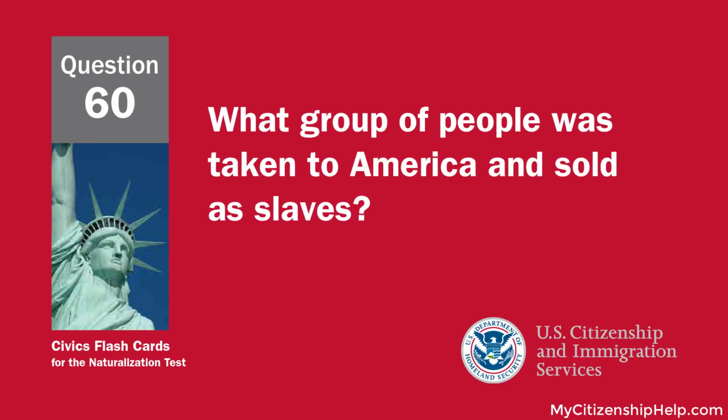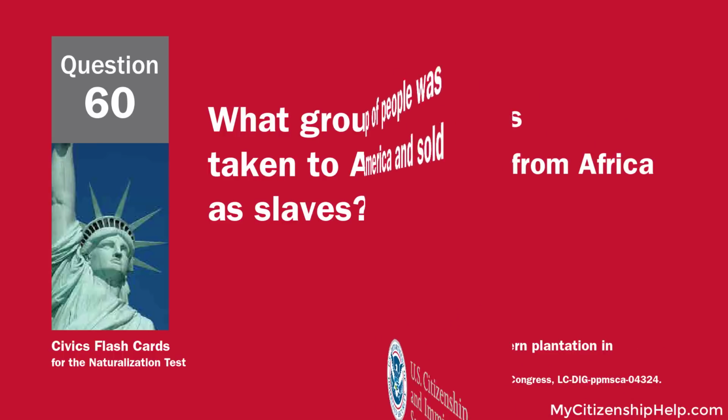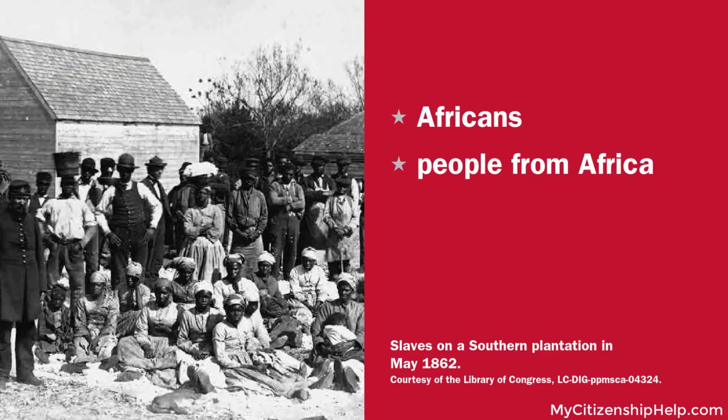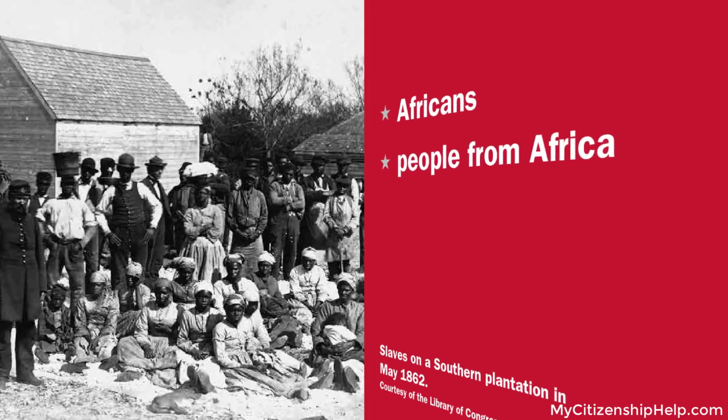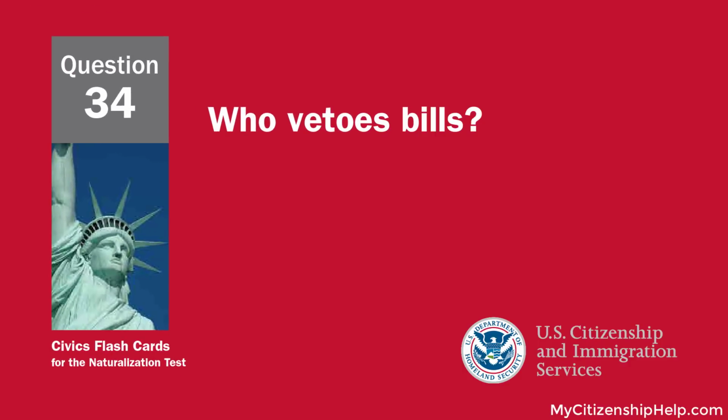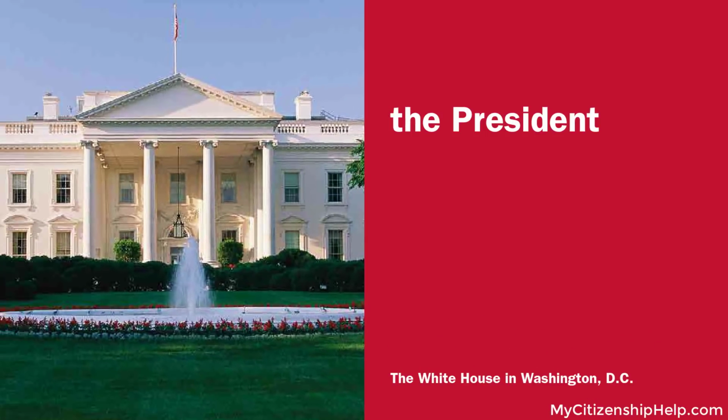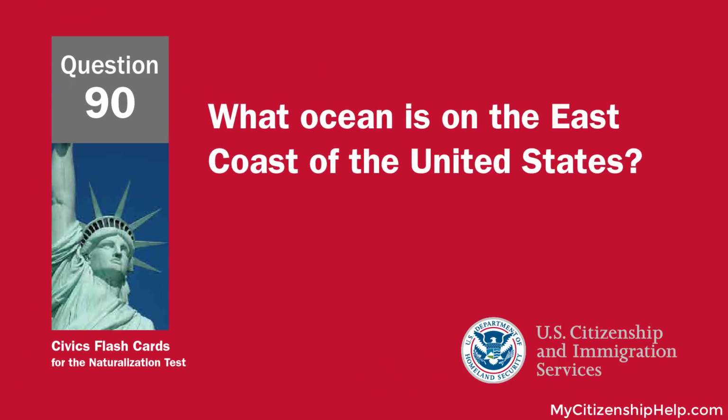What group of people was taken to America and sold as slaves? Africans. People from Africa. Who vetoes bills? The President. What ocean is on the east coast of the United States?